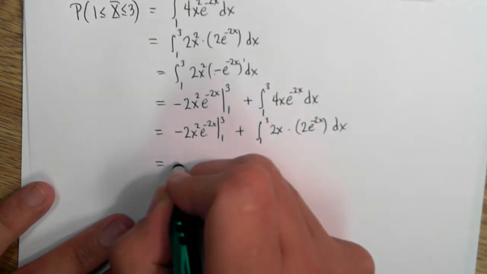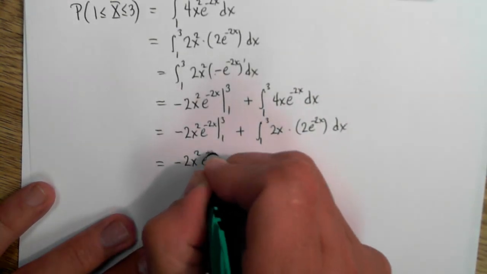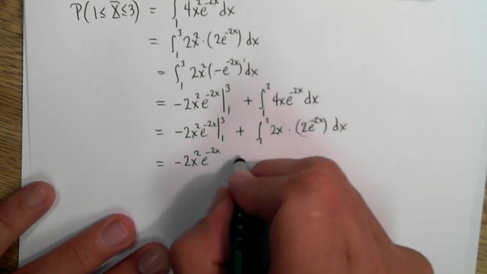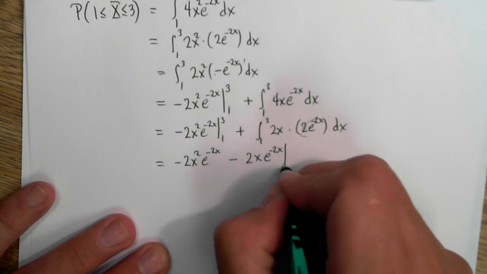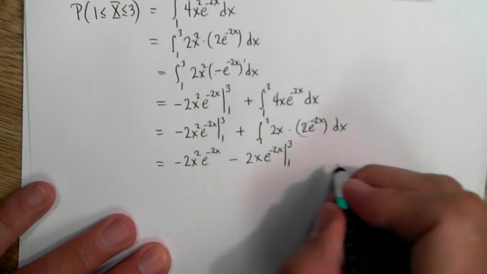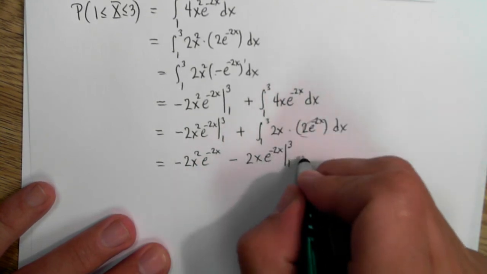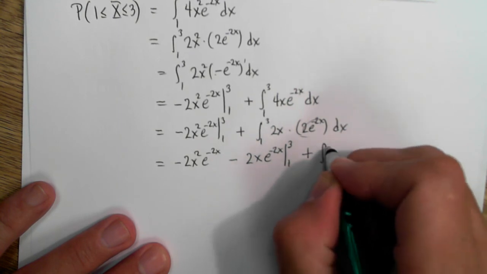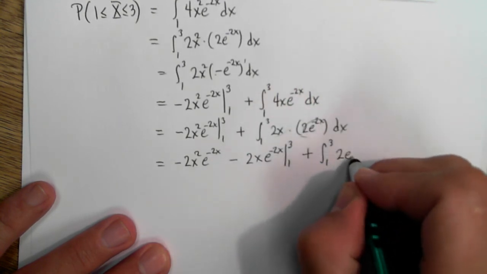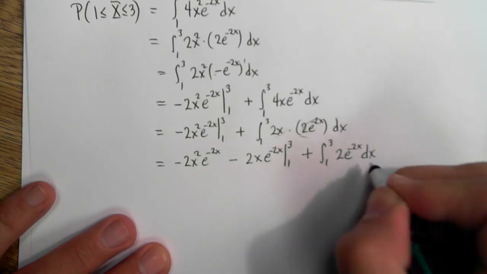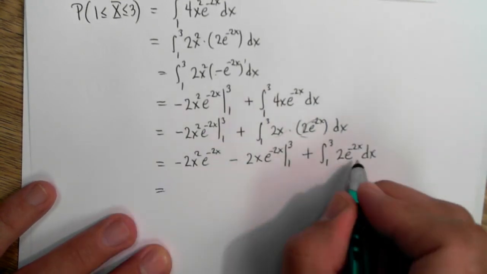And then applying integration by parts again, this part here is the derivative of e to the minus 2x as before. Then applying integration by parts, we get minus and minus becomes plus, the integral from 1 to 3 of the derivative of 2x, which is 2, times e to the minus 2x dx. Then I integrate this.